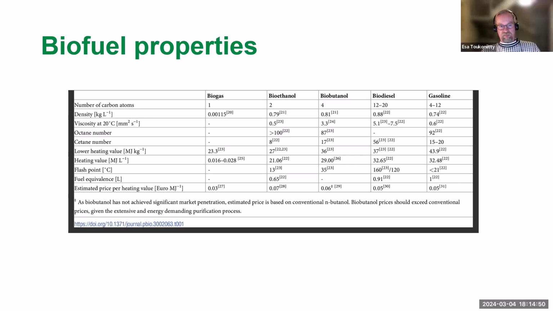This is not a complete list of these properties. Octane number is for gasoline, and cetane number is usually compared to diesel fuel, which we also covered briefly last week.